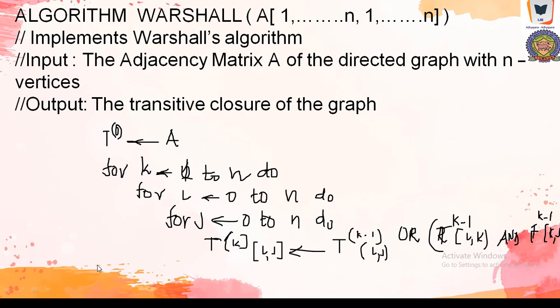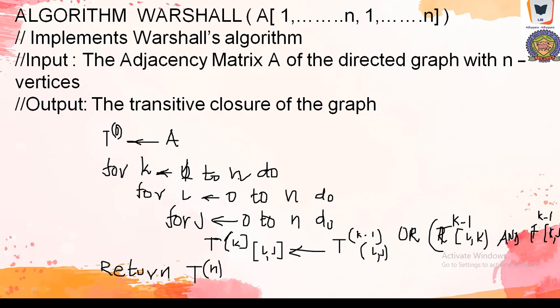So we will return finally T of n. This is the transitive closure. Okay, as far as complexity is concerned, this is the logical operation that we are going to do. We solicit either 1 or 0 over here, and this is the only expression.